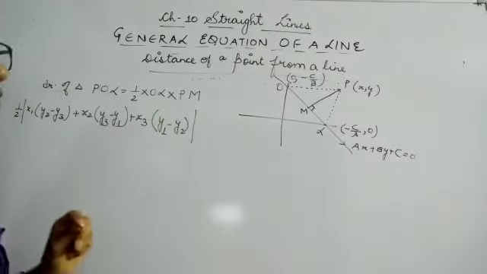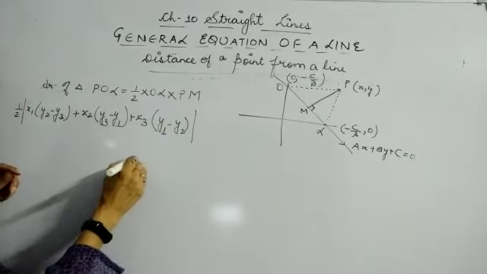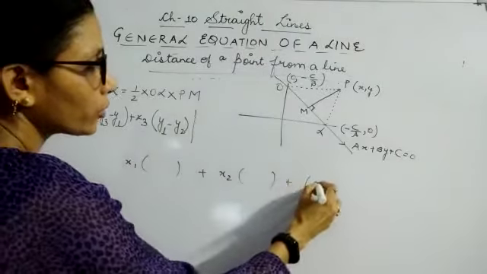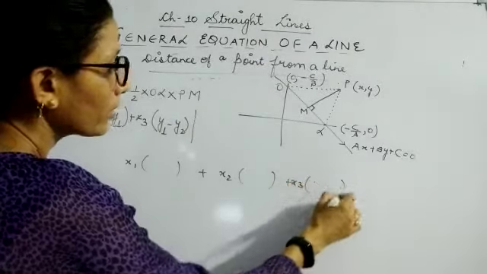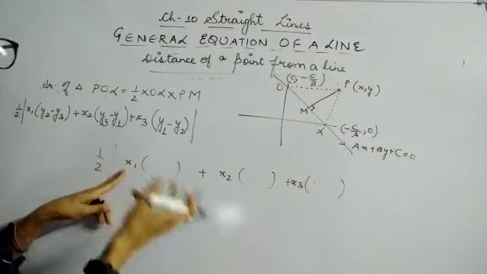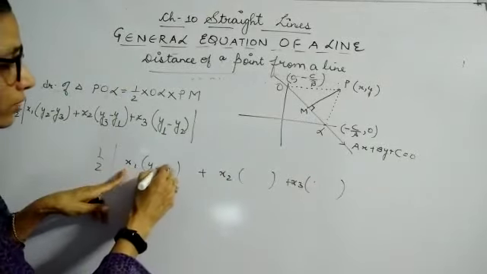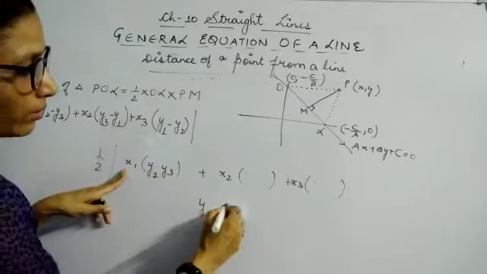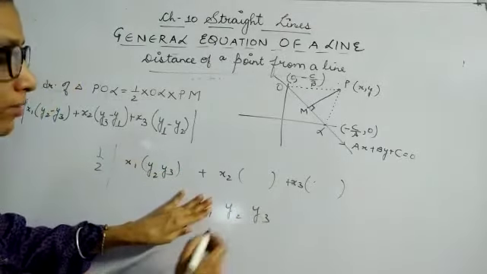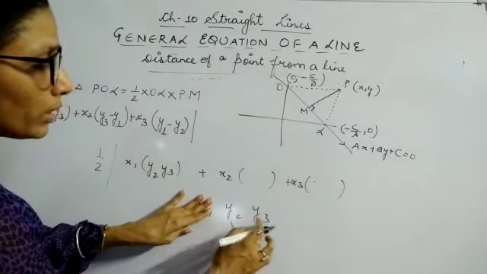It's a very simple trick to remember it. First of all, you write down x1 bracket plus x2 bracket plus x3 bracket, with the half outside. Now x1 has come, so y1 will not come, and you will start with y2 and y3. If you have taken x1, you are not going to take y1, so you move like this: y2 minus y3.